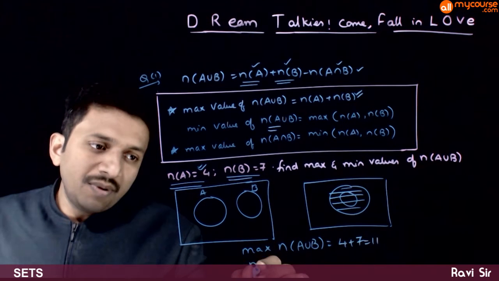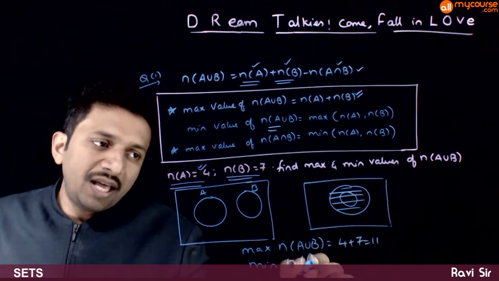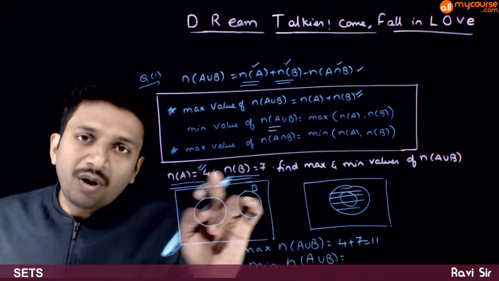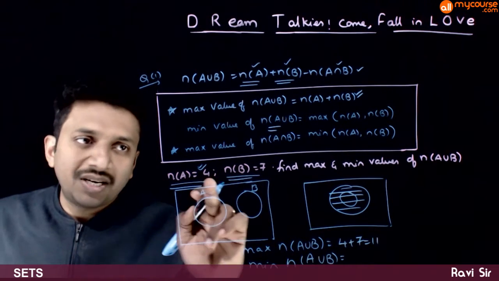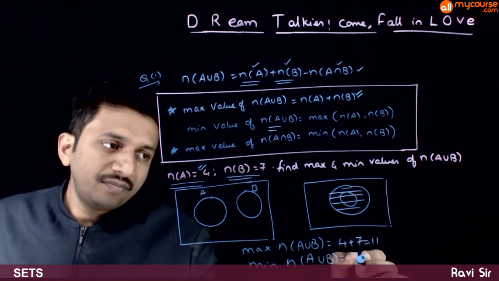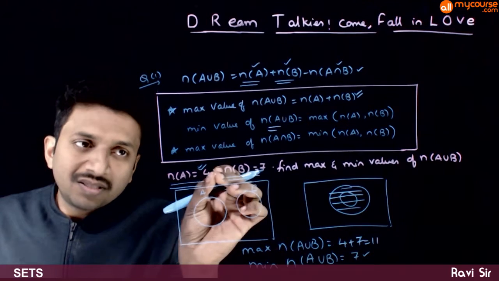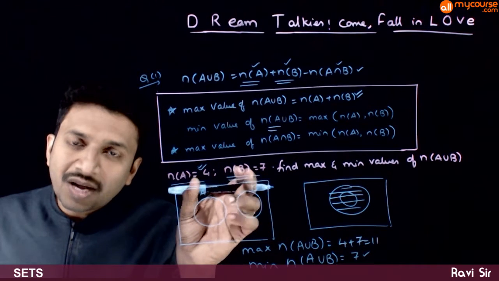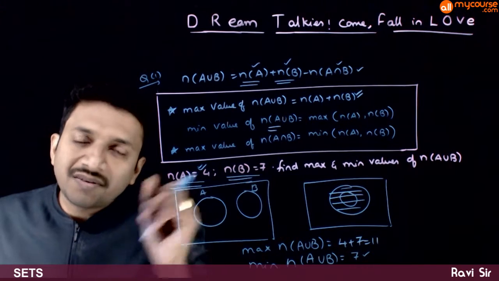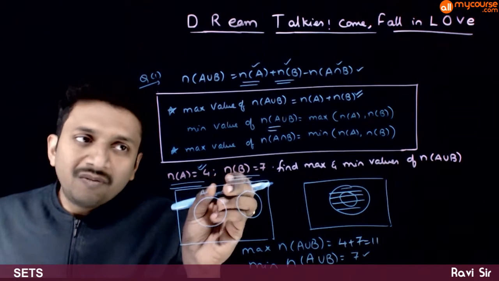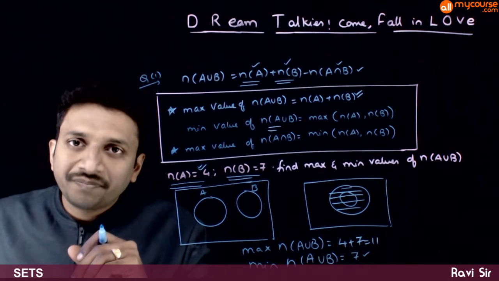So what is the minimum value of n of A union B? That's nothing but the maximum of these two numbers, that is 7. That will be the minimum number, because this set has 7 numbers and this set has 4 numbers. When you combine them, it cannot go less than 7, because there are 7 numbers in one of the sets.